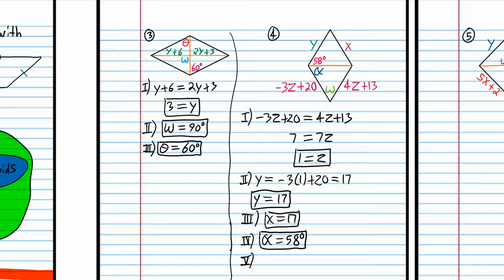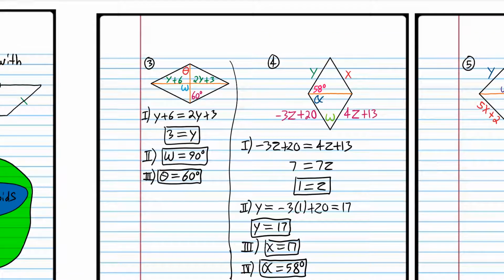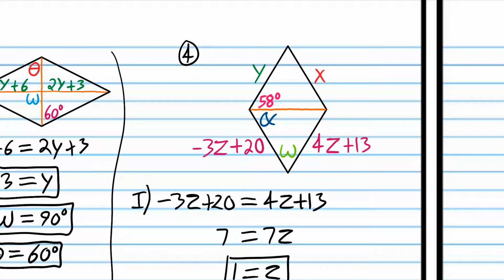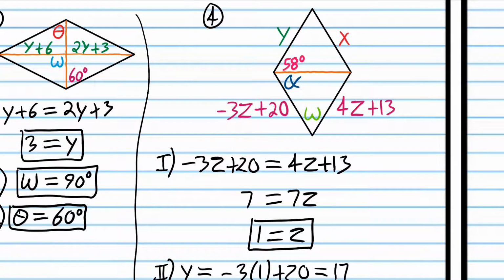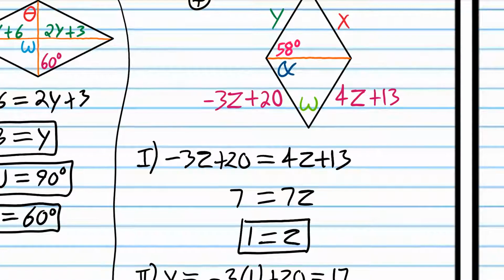So now we just have to find omega. And again, we're going to use the same logic here. This might be the part where students have a little trouble. So we know that's 58 and 58. And that angle is congruent to this angle because opposite angles in parallelograms are congruent. So you can see that 58 plus 58 is 116. So this angle must be 116. And actually, I'm sorry, we can just use this triangle.